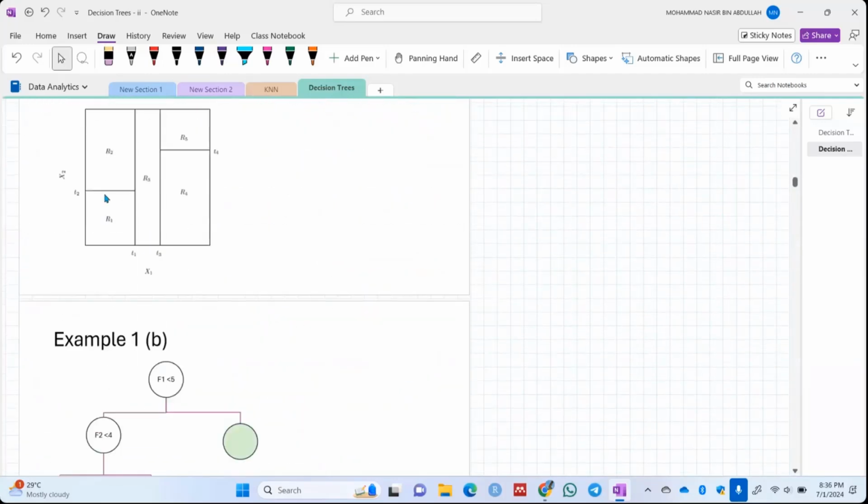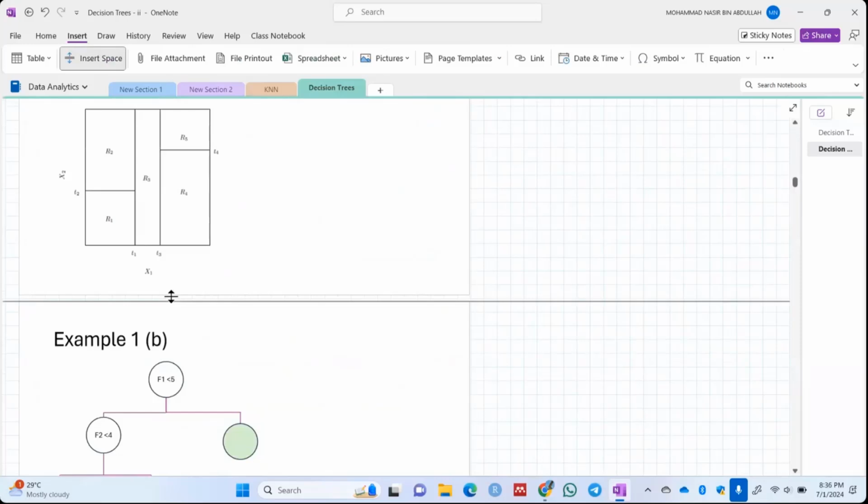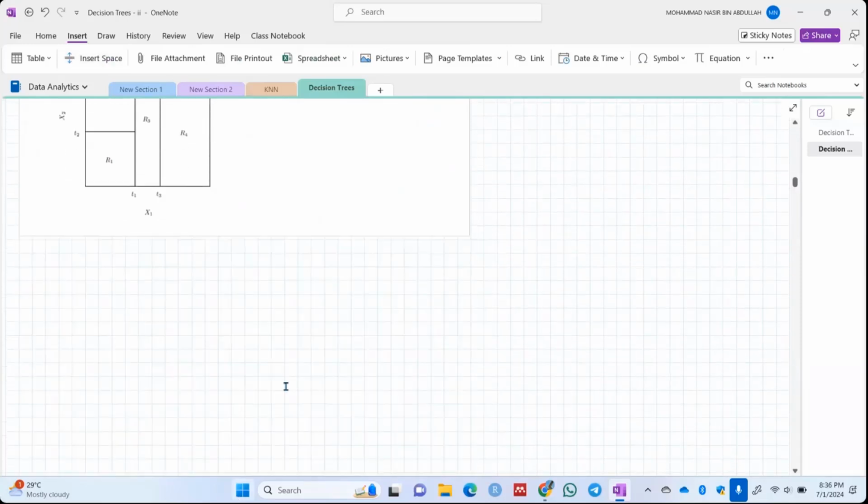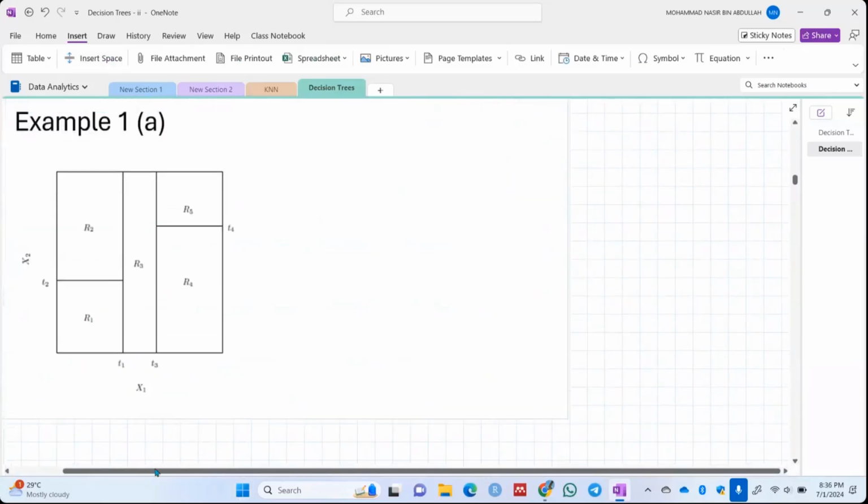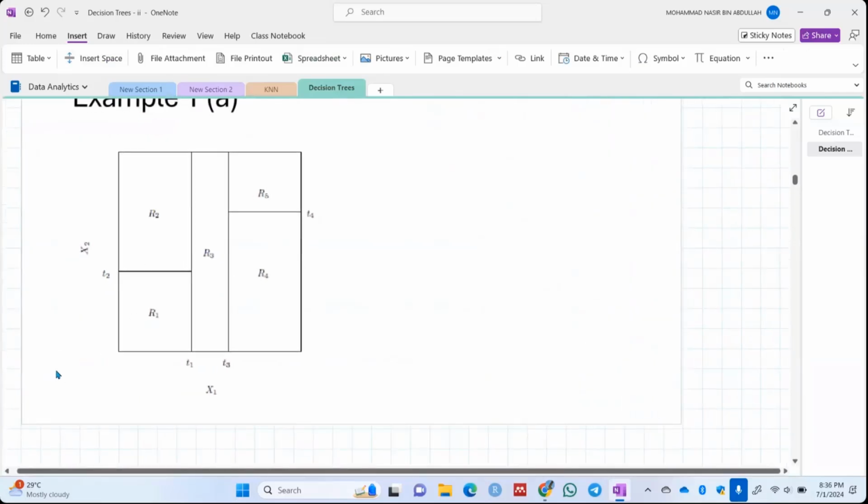So now let's look at another example. Example 1A. How to transform this partition space to a decision tree diagram? So let's look at this one.